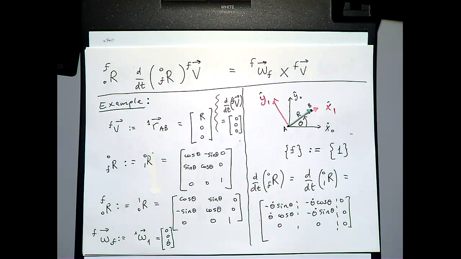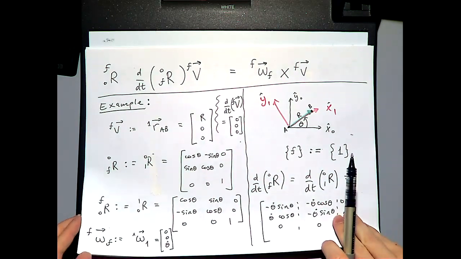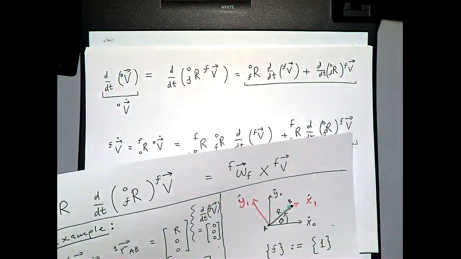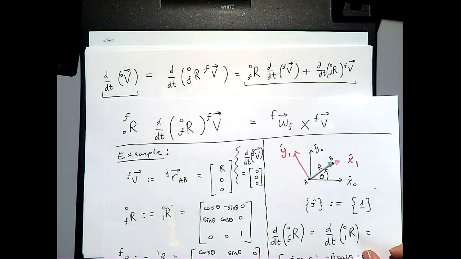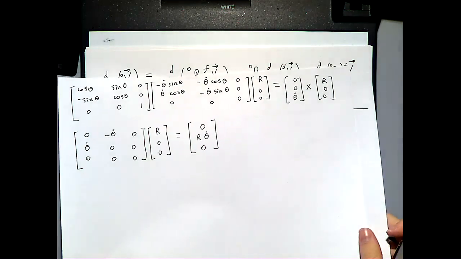And the velocity of point B relative to A is this v dot. And if I want to express v dot in frame 1, I will get this r theta dot. This is what we got.